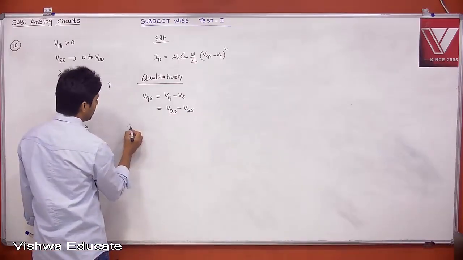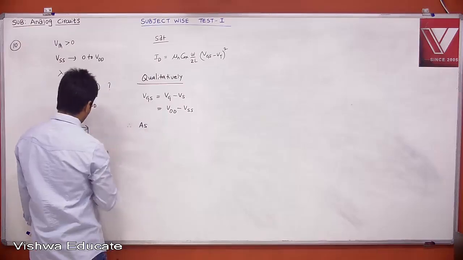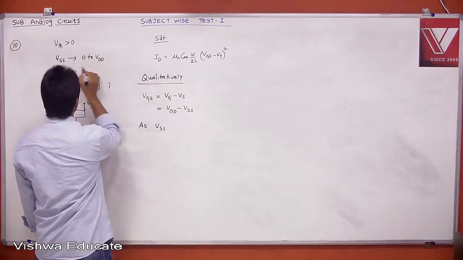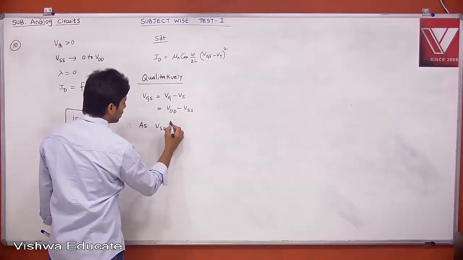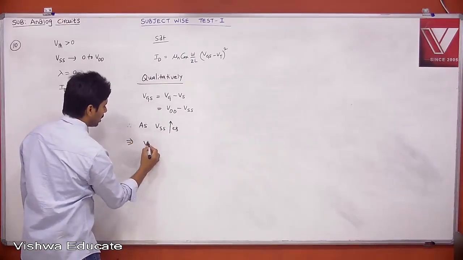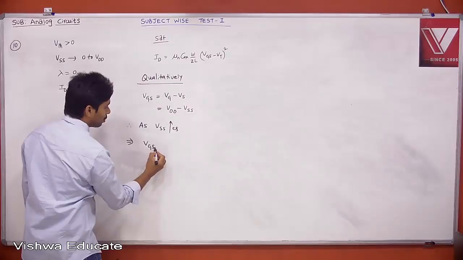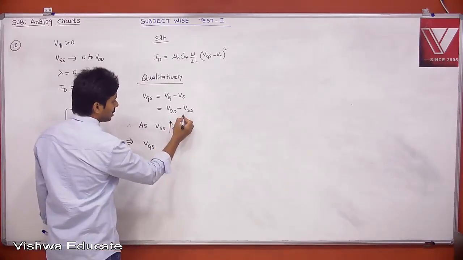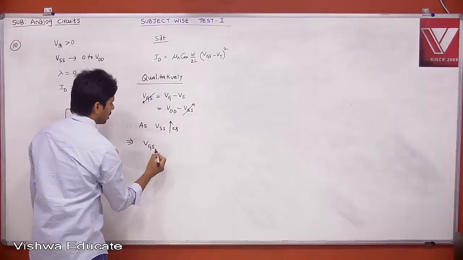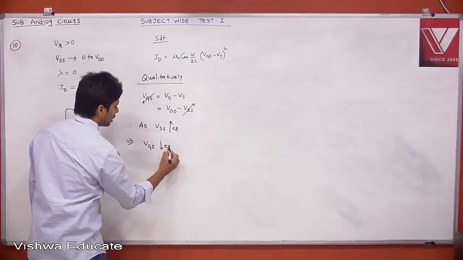As the source voltage VSS is increasing from 0 to VDD, your gate to source voltage decreases.